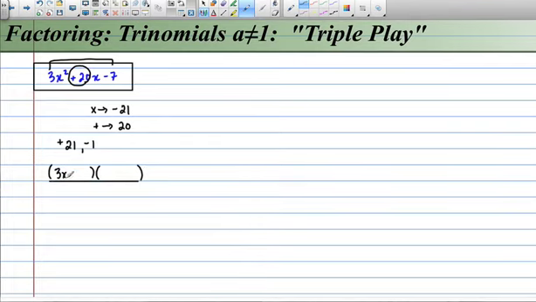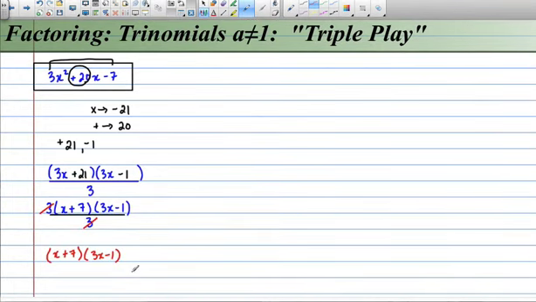Use the 3x, divide by 3. Place those numbers in. Look for a common factor of 3. Cross off the 3, and you're left with the factors.